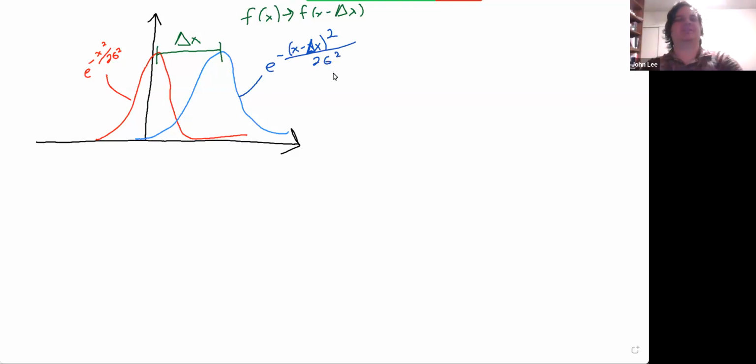So it's the same function. You just replace x anywhere in the function with x minus delta x.